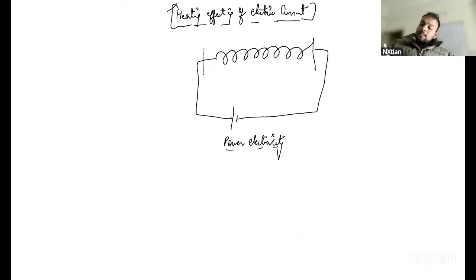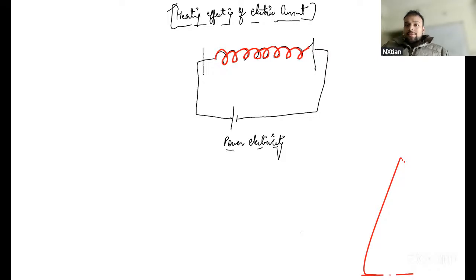Now understand it like this: when you switch on, what will happen? This electric heater becomes hot like this, and it gives heat. This is basically called the heating effect of electric current, in which through electricity we are getting heat.